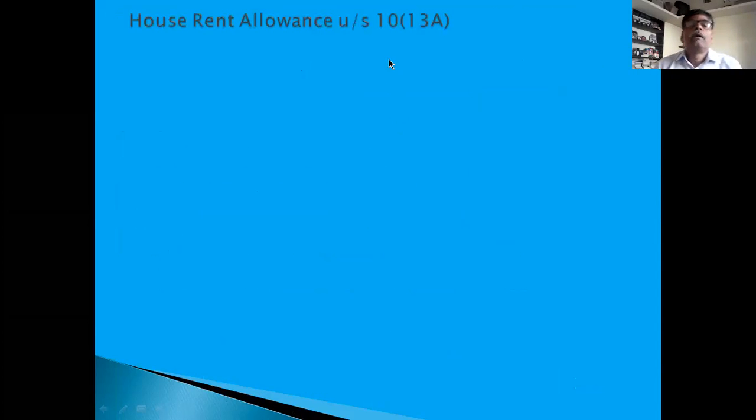Next come to house rent allowance. This is also an important one. In each and every salary problem, this item comes. Okay, what is house rent allowance? It is the allowance given by the employer to the employee during the service along with salary.